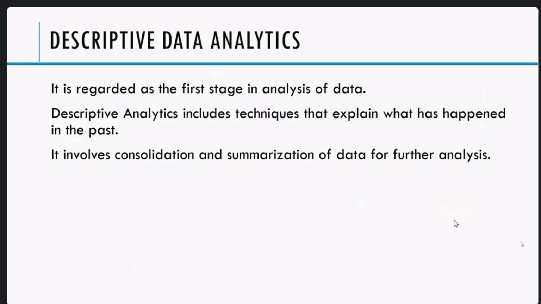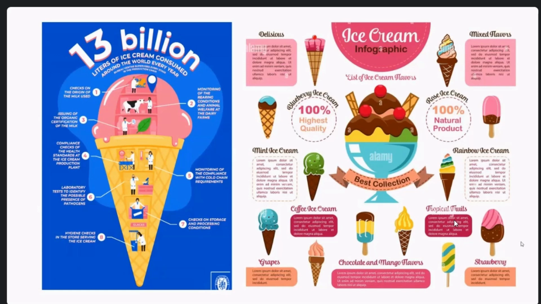To understand this concept in a better way, I will give you a very delicious example. What is the delicious example? It is the time of summer, and every year you all experience the days of summer where you most awaitingly wait for a particular thing, that is ice cream. 13 billion liters of ice cream are consumed around the world every year.